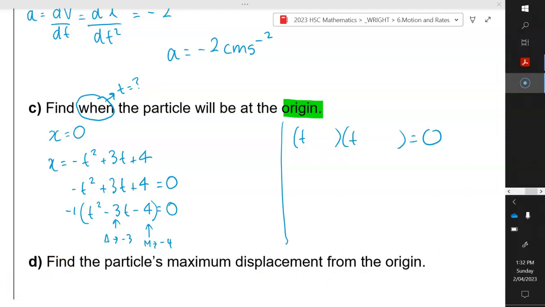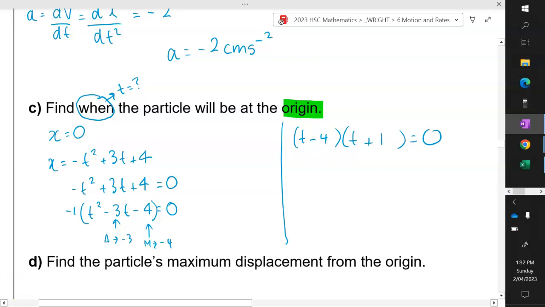So I'll get t minus 4 and t plus 1. Minus 4 times 1 is minus 4, and minus 4 plus 1 is minus 3, which is what we want. So I will set each bracket to 0. So t minus 4 is 0, so t is equal to 4. And t plus 1 is 0, so t is equal to minus 1.